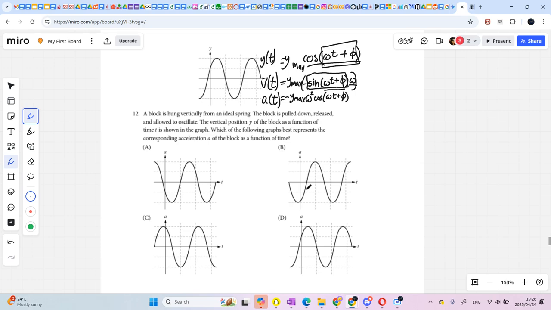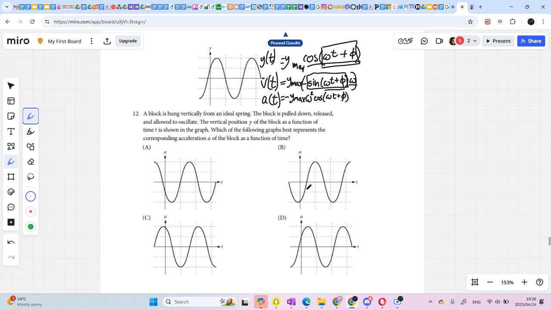Okay, so if we look at that compared to the initial function, the acceleration, then we can see that if we ignore the constant part in the front, it's just the negative of the position function y. The y max and the y min are the same thing.